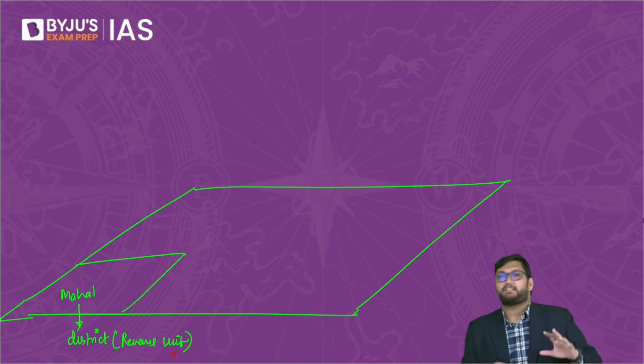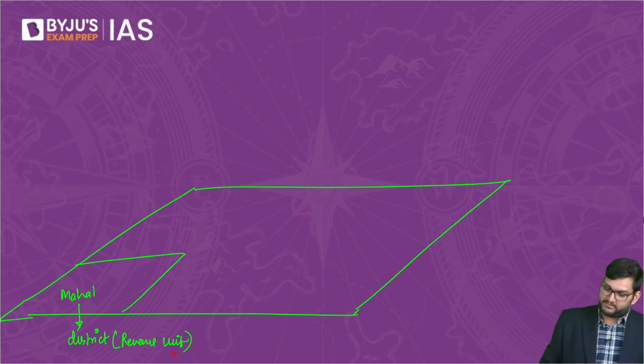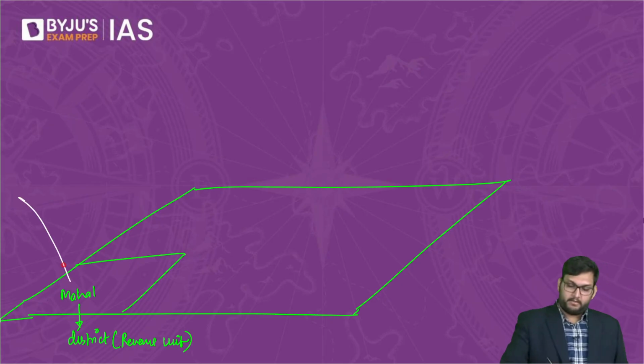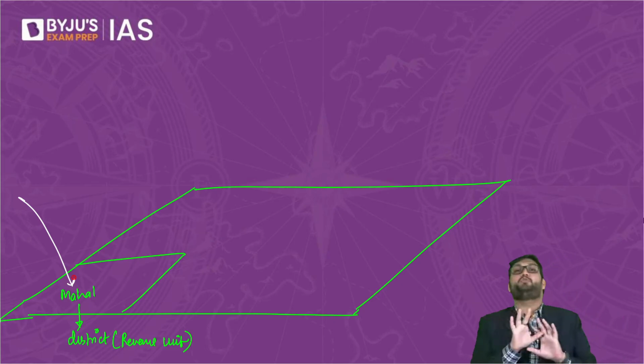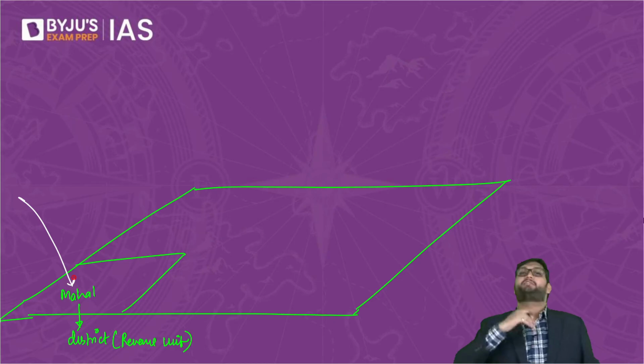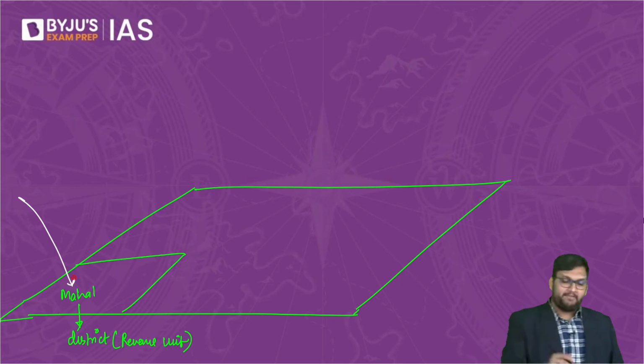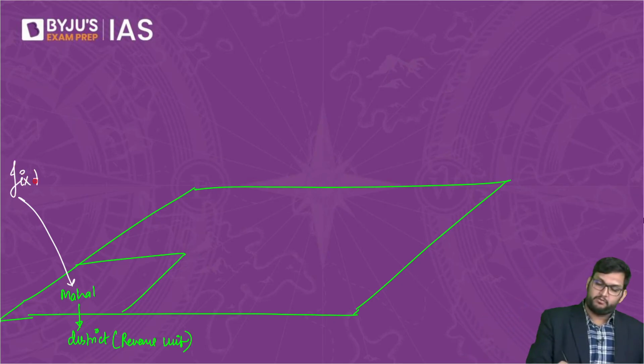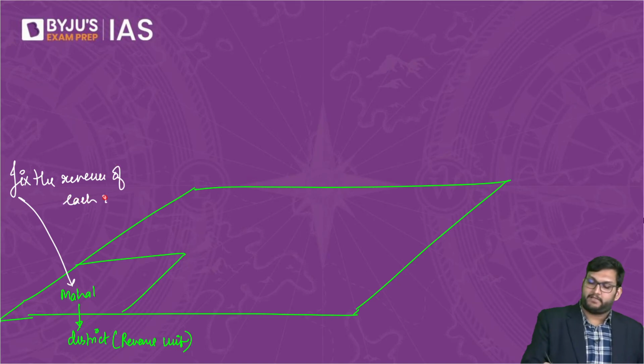The British said, we don't care how you collect the tax. We don't care who gives how much tax. We don't care how the money is going to come. We will fix the revenue of each and every mahal.